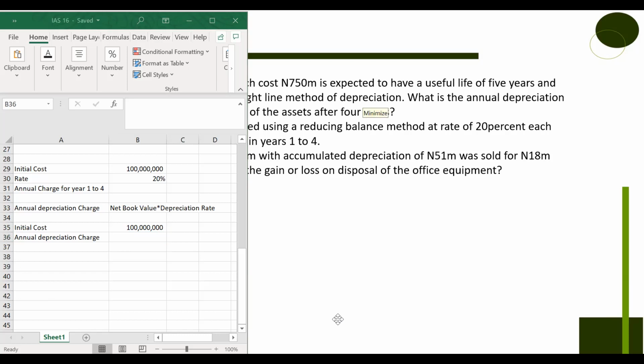Okay, so what will be our depreciation charge for the first year? Initial value, that is 100 million times 20%.